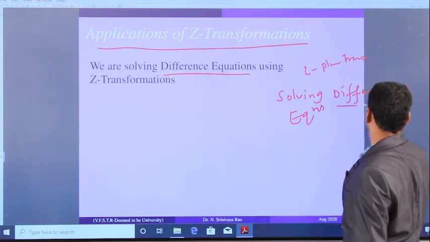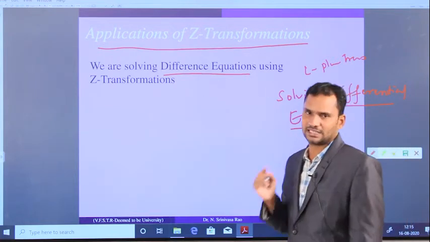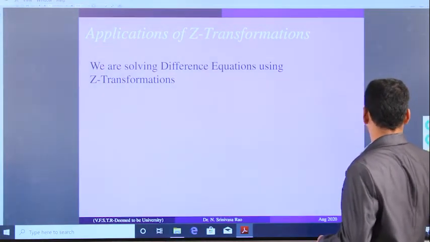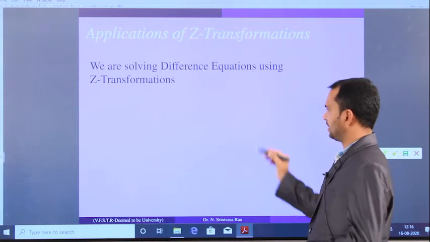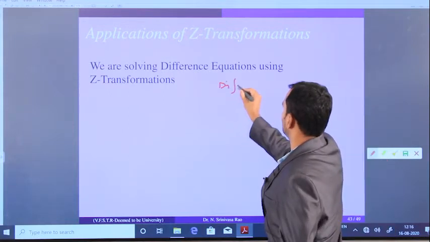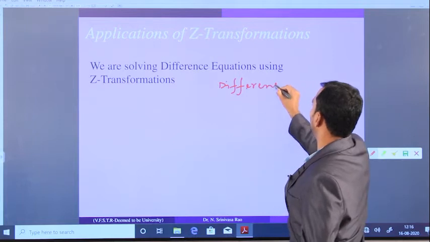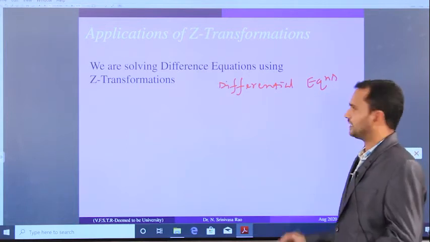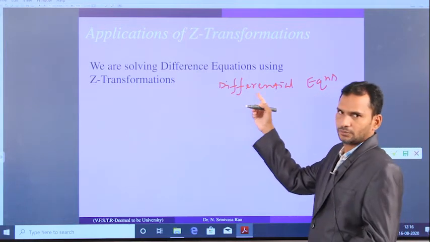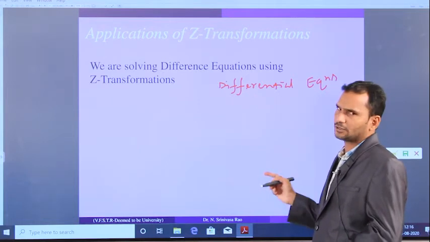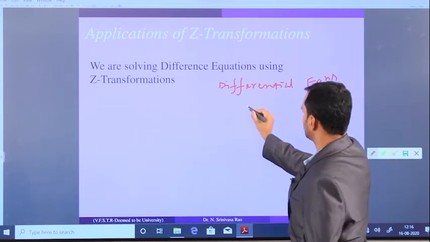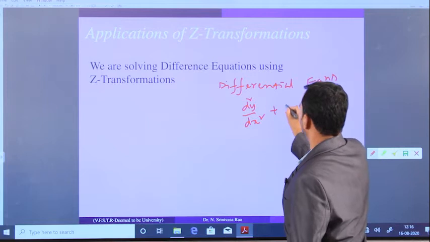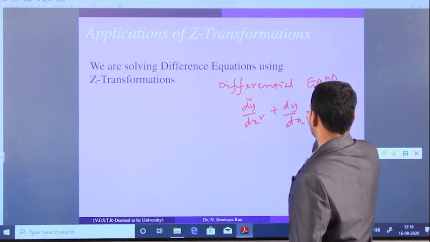So look at this. This is a differential equation. These are difference equations. So what is the difference between those two? Remember everybody, what is the difference between difference equations and differential equations? A differential equation is an equation that contains derivatives. For example, d square y by dx square plus dy by dx plus x equal to 0.